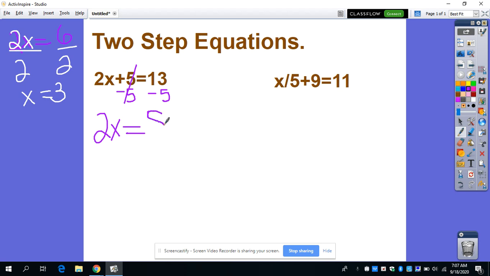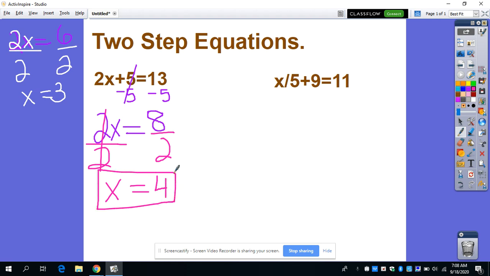It's going to give you 8. All right. Now this format, 2x is equal to 8, you guys know what to do from here. This is a one-step equation now. From here, you just divide by 2, and you got x is equal to 4. Okay. That's how you do it.